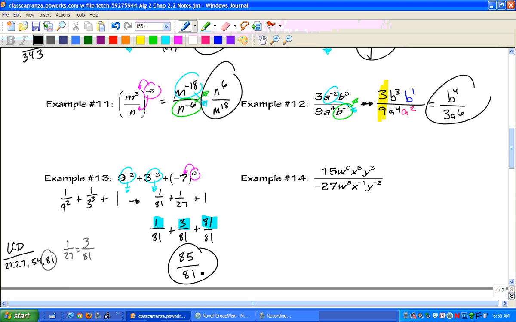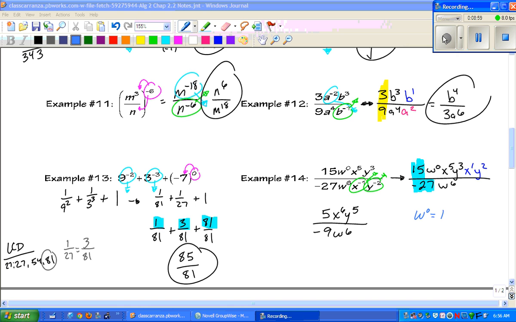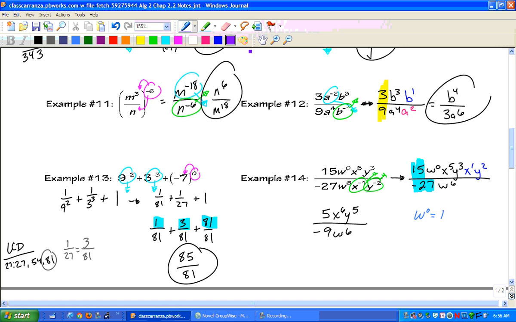All right, let's see if you guys can try example number 14. Please pause the video, and the answers will be up in just a minute. Okay, and there's our final answer. Now the x to the negative 1, and y to the negative 2, both of those were negative on the bottom, so we brought them up to the top.